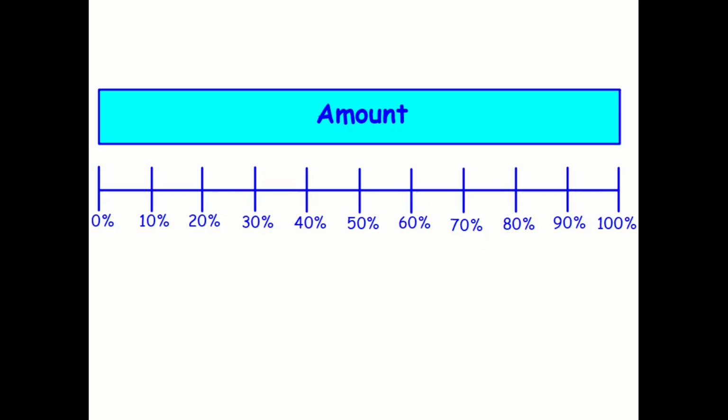When thinking about percentages of an amount, I like to think about a scale and a full bar that I like to think about as my full amount. So if you're asked for a percentage of that amount, for example 90% or 80% or 70% or 30%, you're going to get a number that is less than the original amount itself.